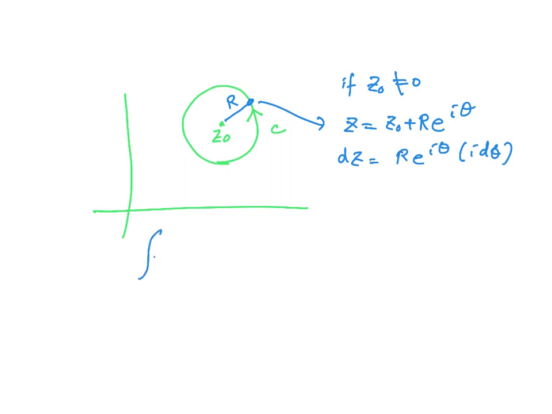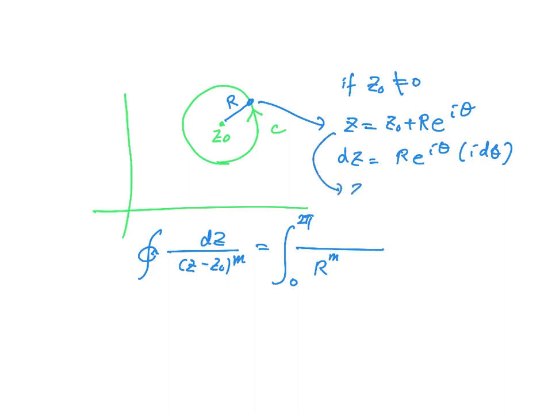So this integral, dz still the same, 0 to 2 pi, r to the minus m exponential minus i m theta, r exponential i theta, i d theta.